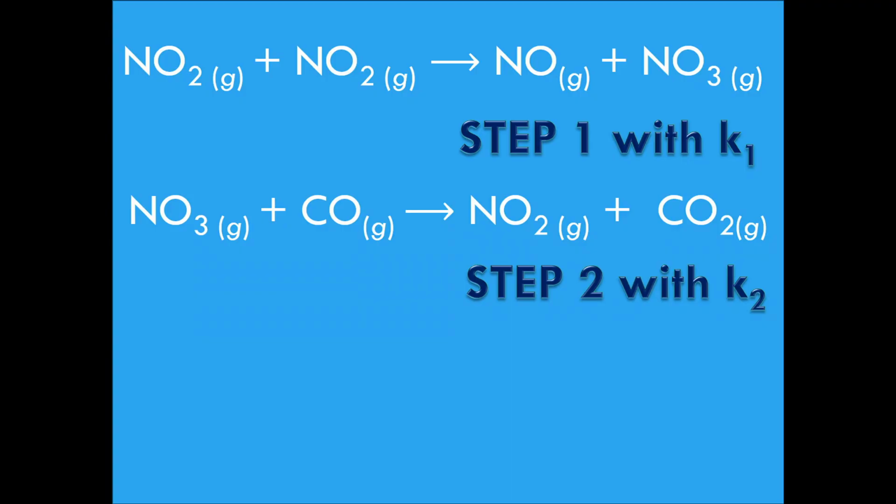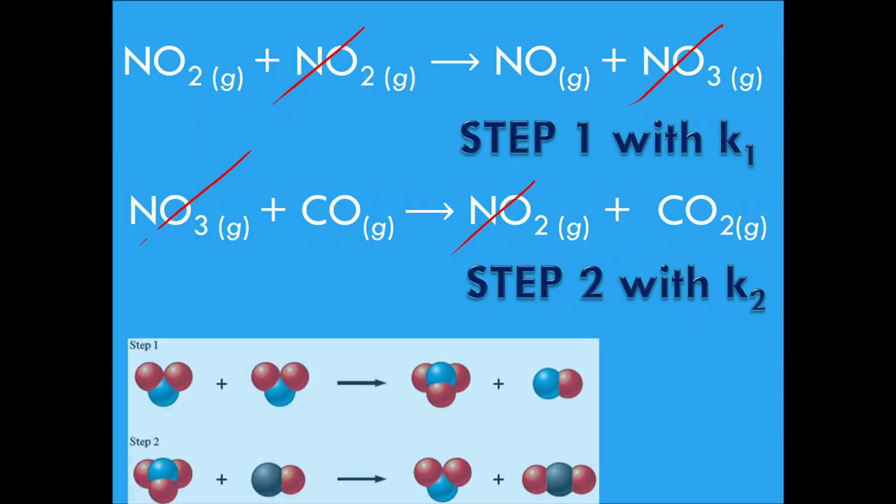So NO3 cancels out, and one of the NO2s cancel out, and overall my reaction is NO2 plus CO goes to NO plus CO2. So the first thing I need to make sure is, do the steps match the overall reaction? And the second thing I need to make sure is the slow step matches the rate law.